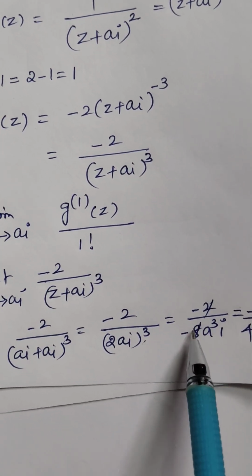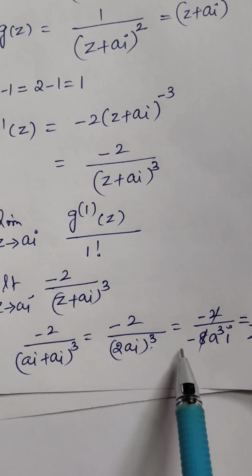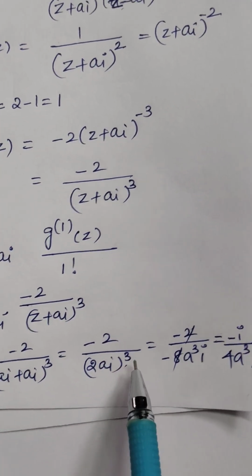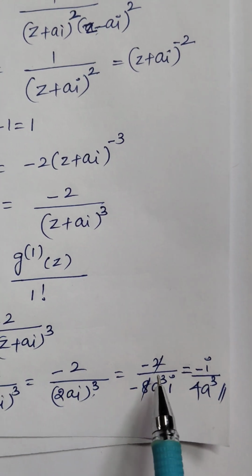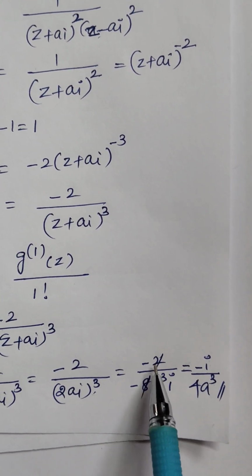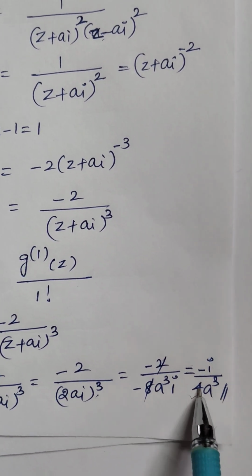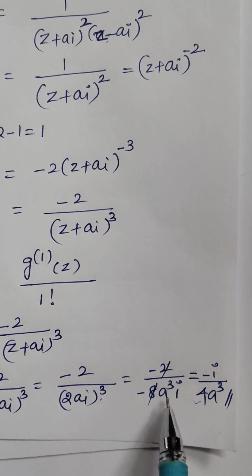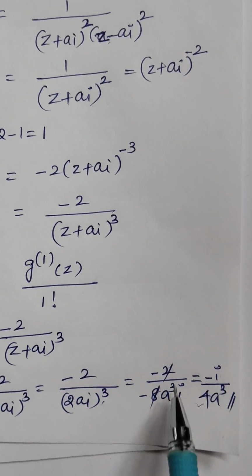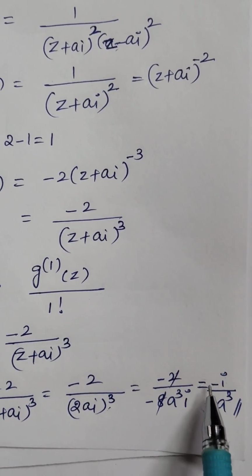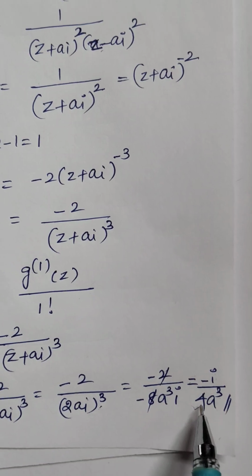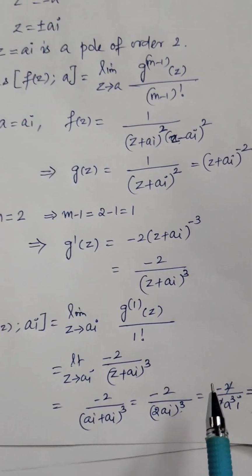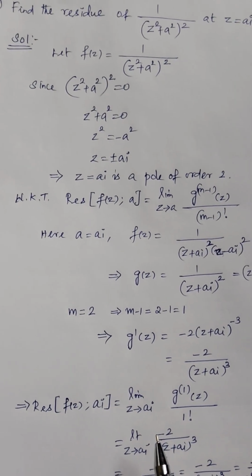That is minus 2 divided by 2 power 3, which is 8, a power 3, i power 3, which is minus i. Cancelling 2 and 8, we get 1 by 4, the minus signs cancel, and 1 by i is equal to minus i. So the residue is minus i by 4 a power 3, which is the answer for the given problem.